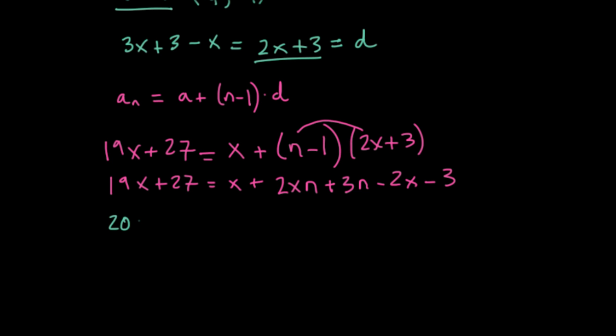So here I get 20x. And here I have, so I've used this one and I've used this one, then I have minus 3. If I put it on the other side, which is a way of speaking, if I add 3 to both sides, I get 30. And I'm left here with 2xn plus 3n. So I've used this guy too.